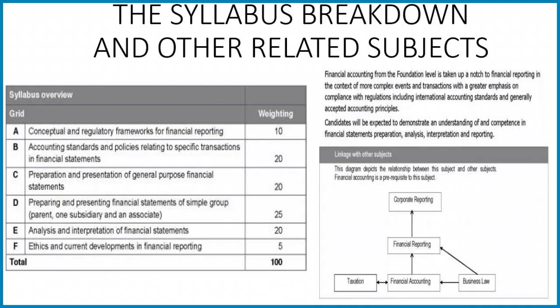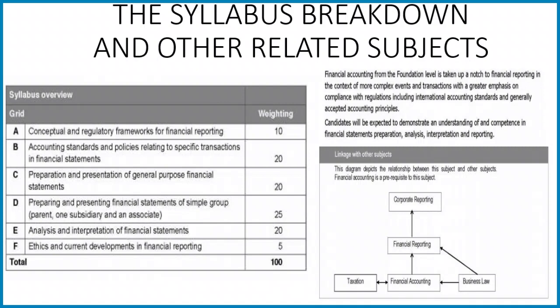There is no subject that you are not going to find ethics. So for financial reporting, any latest development in the financial world, as it relates to finance and accounting, you are expected to be current, and the last part of it, ethics and current development in financial reporting, will be dealing with that.